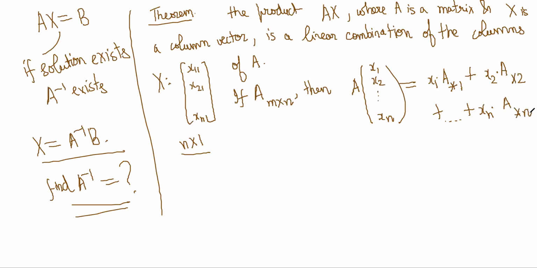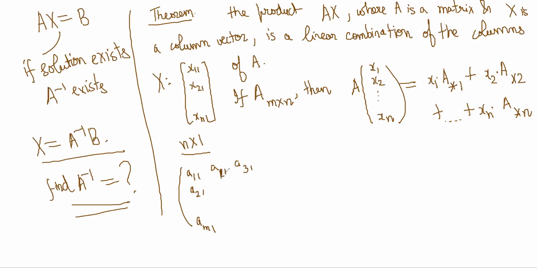What do I mean by this? Think about it. A is m cross n, so A has m rows. This is A11, A21, Am1, and so on.